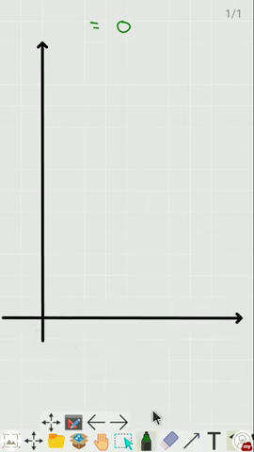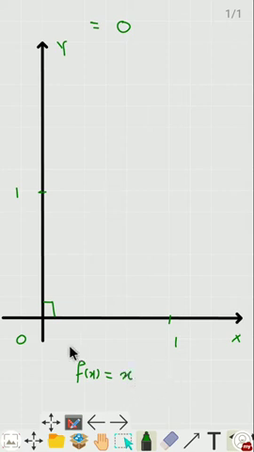Suppose here it is 1, and again here it is 1. Okay, 0 1 on the x-axis, 0 1 on the y-axis, both are perpendicular, and our function is f of x is equal to x.